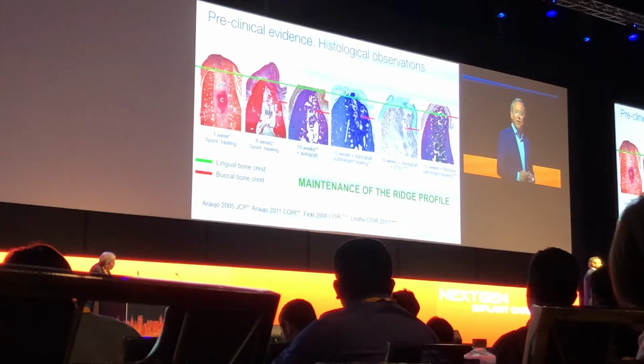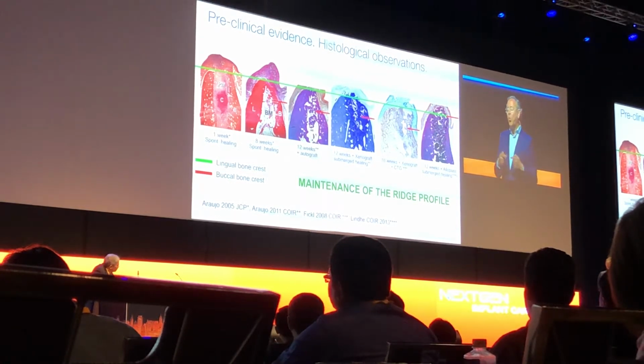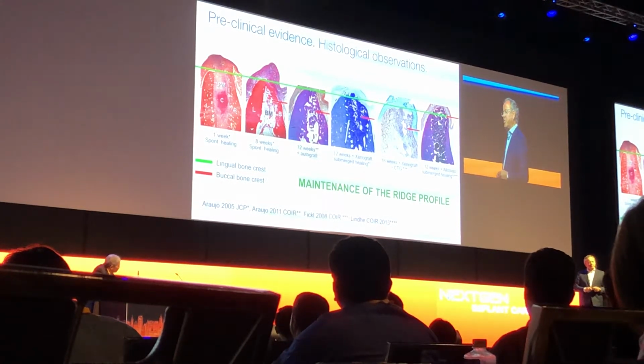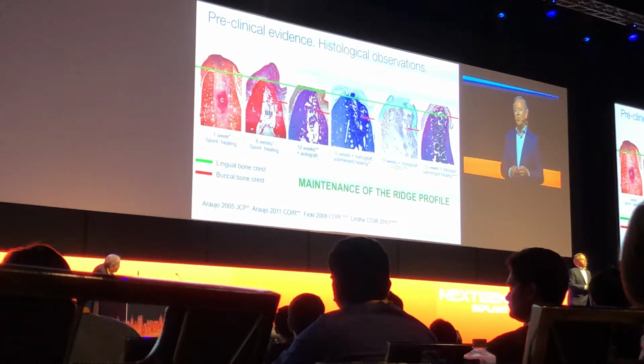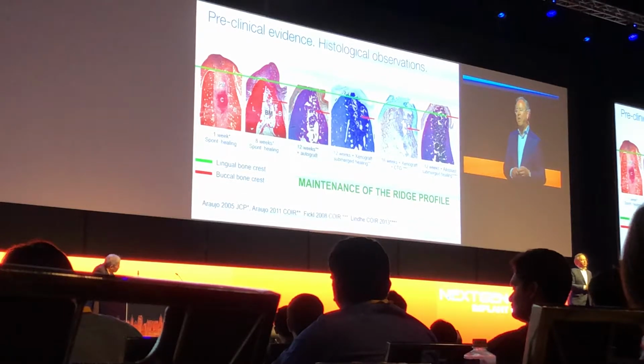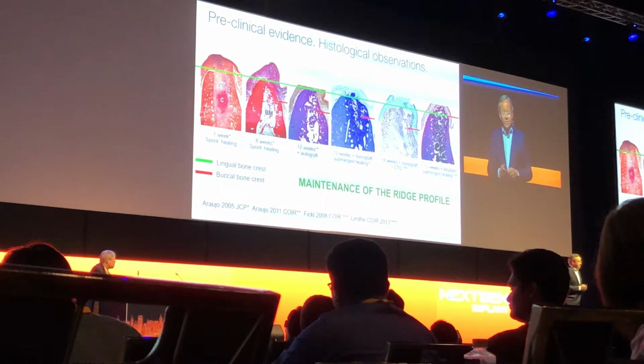The studies that have been done in experimental animals were to understand what is the best bone graft material or biological. We were talking before about PRF. What is the best to preserve the crest?